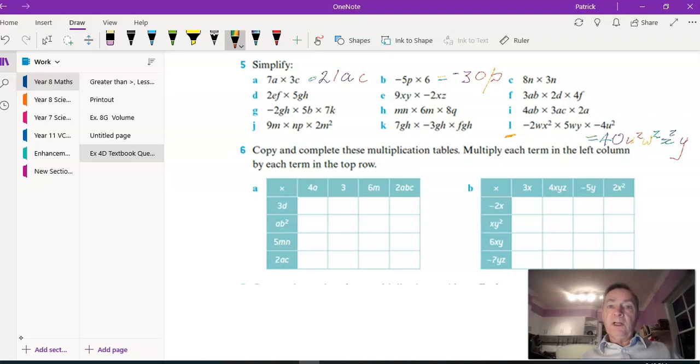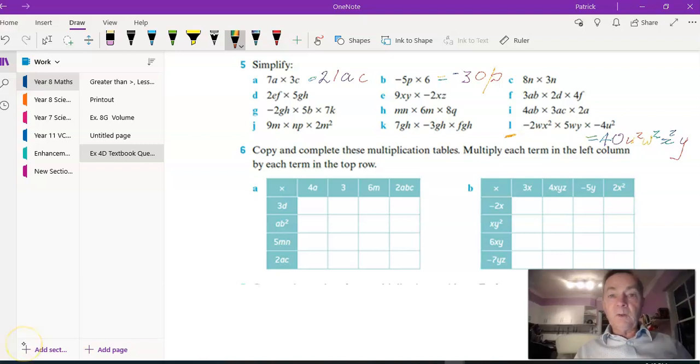Now we'll move on to question 6. Now this is just like a times table grid. It's a multiplying grid, same as what's in the back of most workbooks. So we'll multiply 4a times 3d. We put the answer in there, and that will be 12ad. If we had 3 times 3d, that's going to be 9d. So I'll do a few of these, and then you can go and do the others.